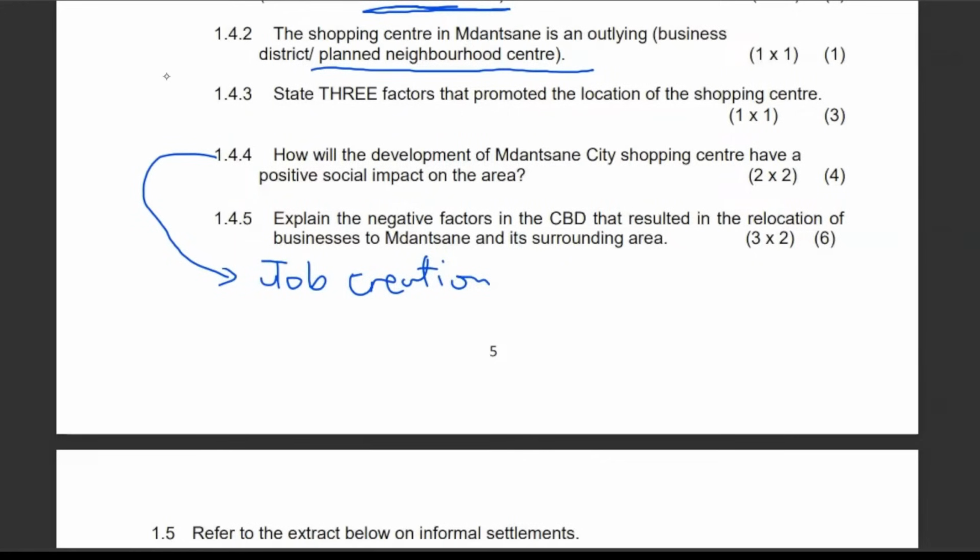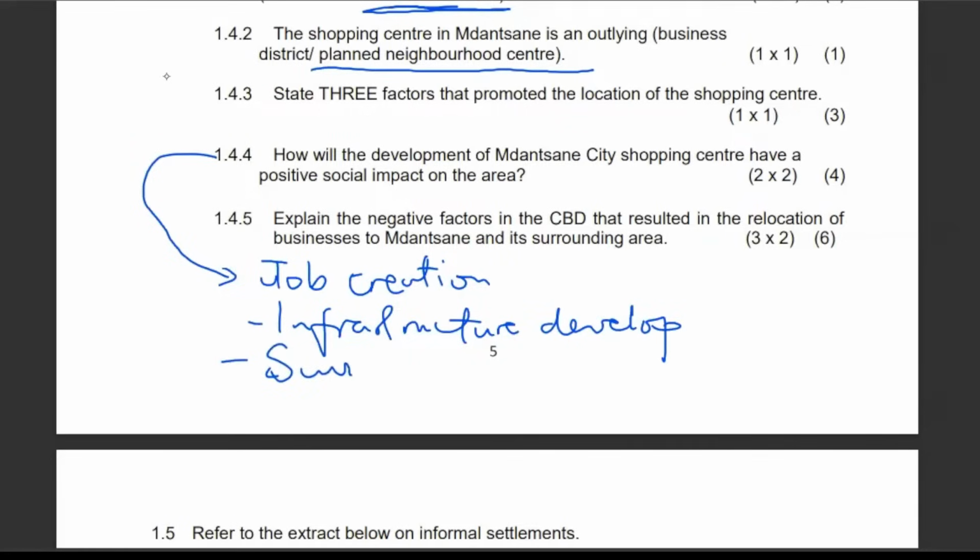And also, infrastructure development. The area is going to have infrastructure being developed. For example, roads are going to be developed or water facilities are going to be developed. And what is also going to happen is a saving to people. People no longer need to travel.